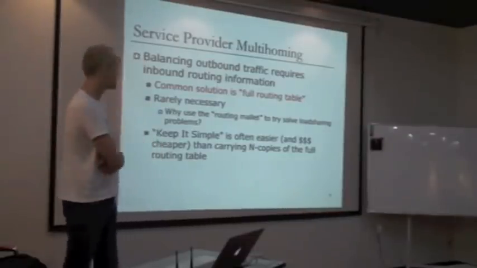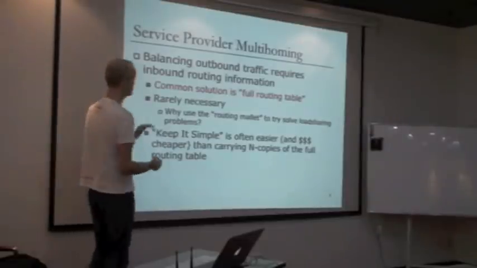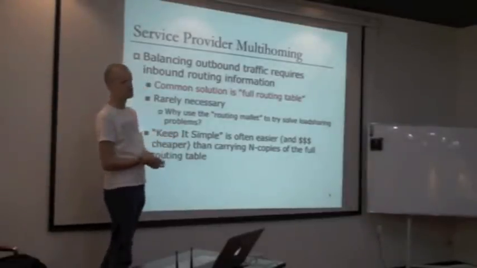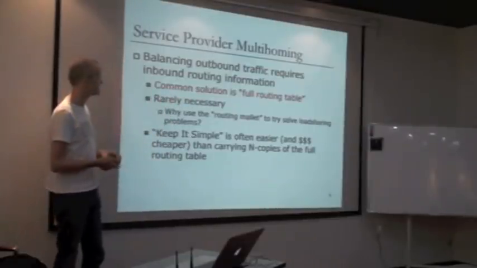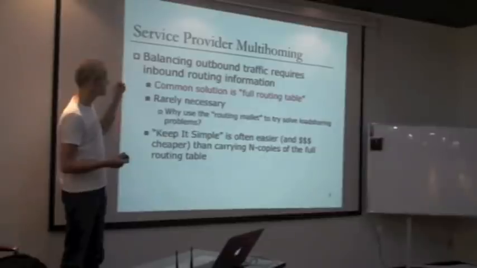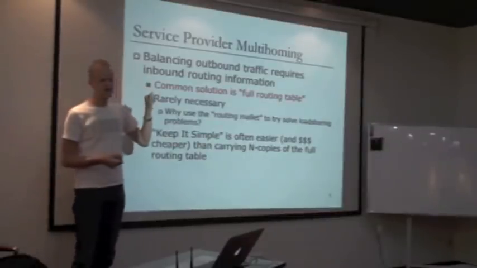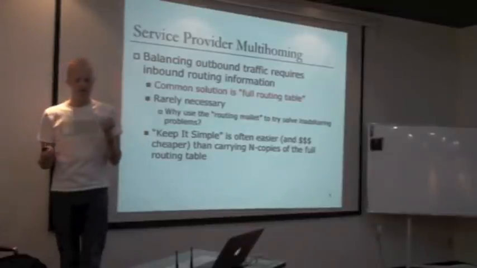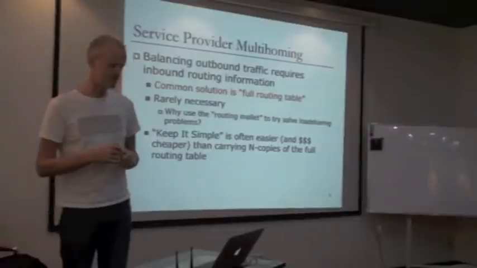For the other direction, for balancing outbound traffic, we need to get inbound routing information. So we need to get prefixes from our upstream ISP. A common solution is to use the full routing table. You go to your upstream ISP and say, I need the full BGP table.